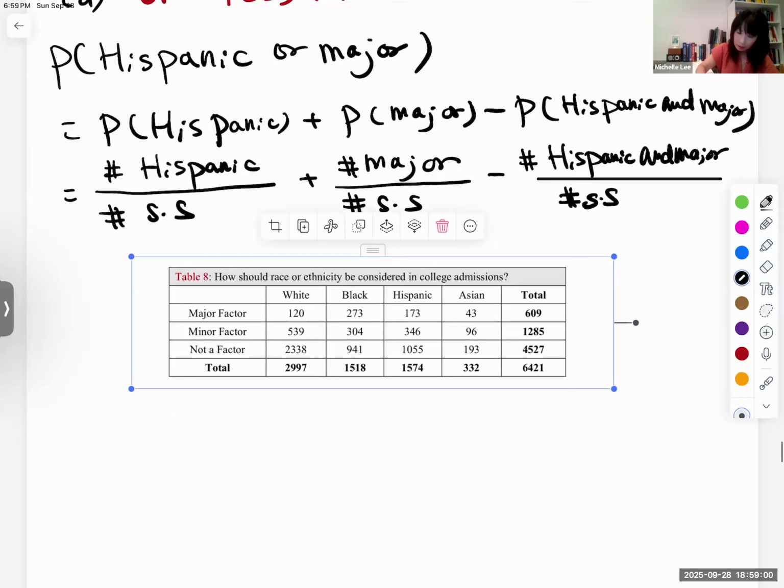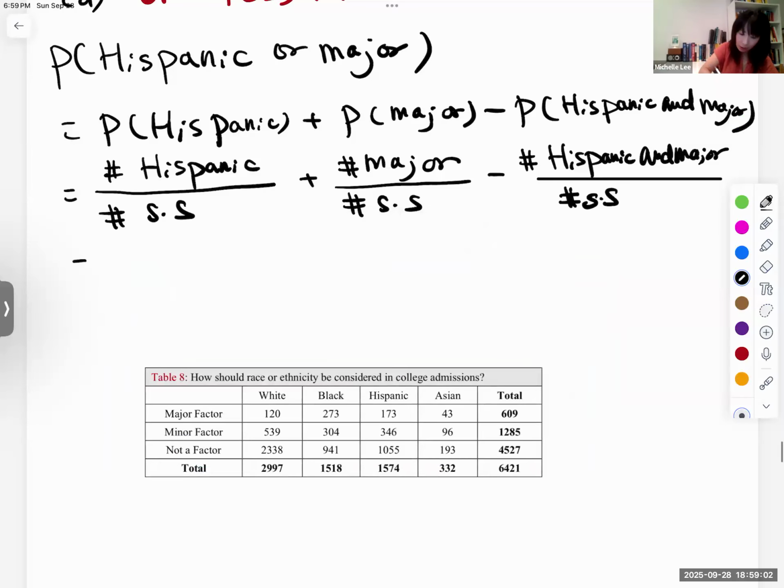Let's take a look. Sample space is the same. We had 6,421 there, right?